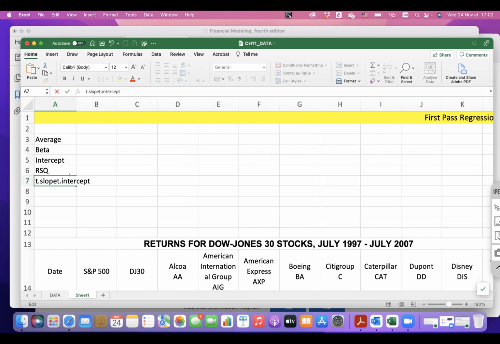So this is the T-student. T-slope and T-intercept are the T-student for the regression. It's a very important tool.